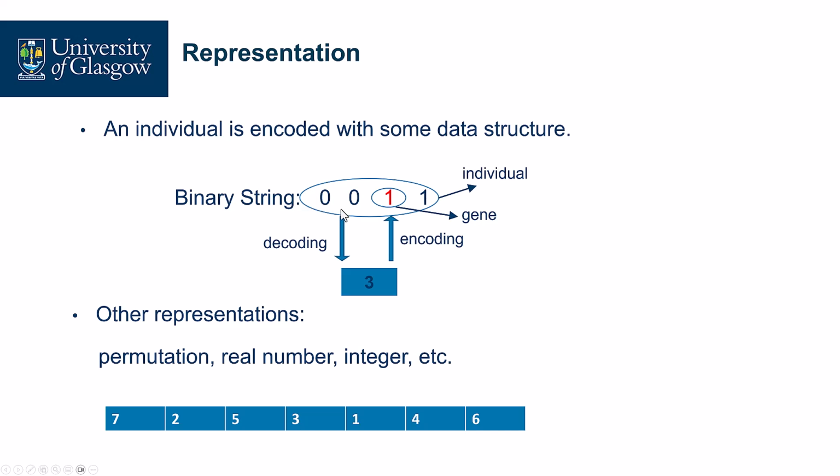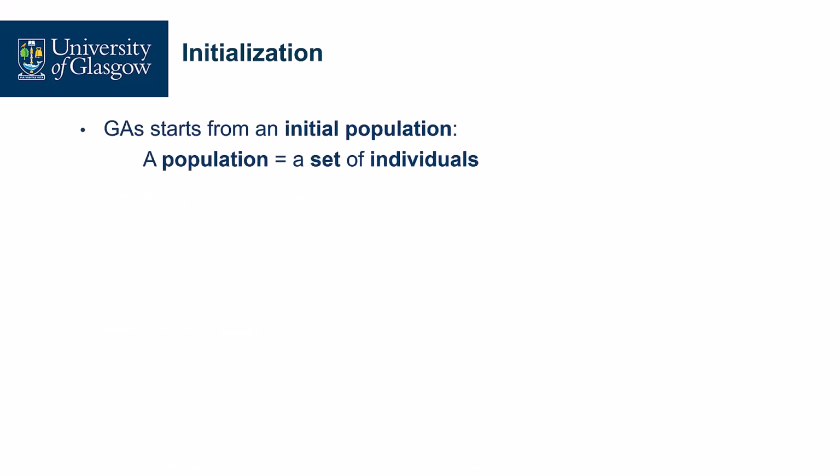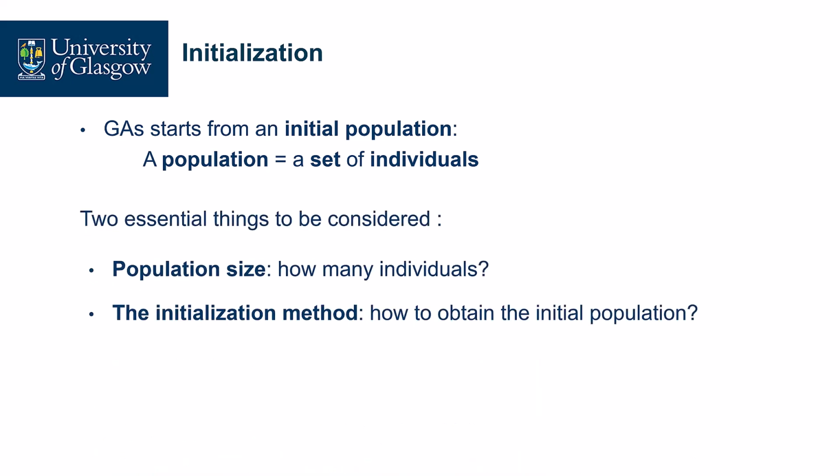After we know how to represent a solution, we will talk about how to initialize the initial population. GA needs to start from an initial population, which is a set of individuals. When we talk about a set of individuals, there are two essential questions that must be considered. First, how many individuals are there in the population?